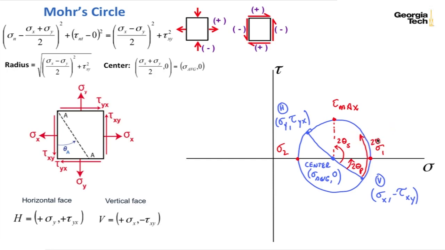So this would be 2 theta sub A. And this would be now the state of stress, the normal stress, and the shear stress on a plane here, AA. And so this would be sigma sub A and tau sub A. And that's point A. And so that's a good representation, generic representation of Mohr's circle.